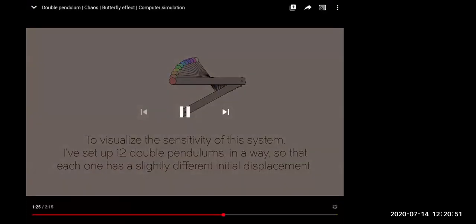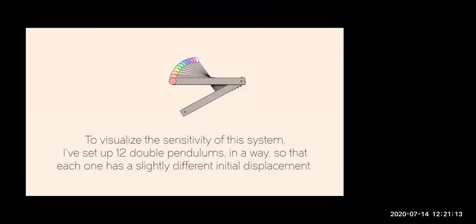So look at these objects. They're all close to each other, right? So the starting position of all of them are close to each other. But as you would see, although initially they are close to each other, very soon they would have very, very different trajectories.